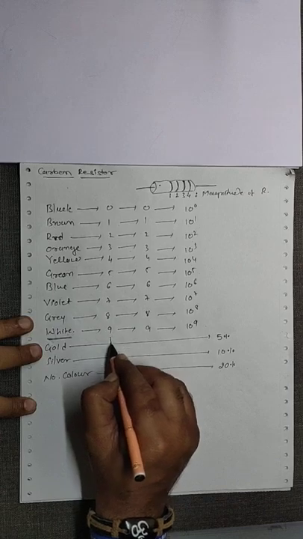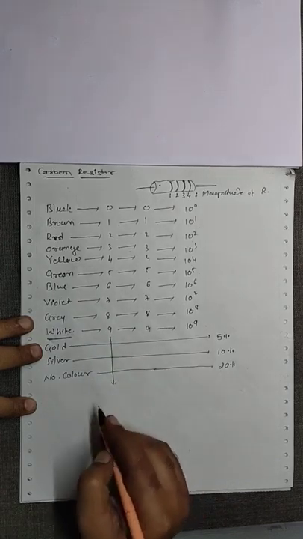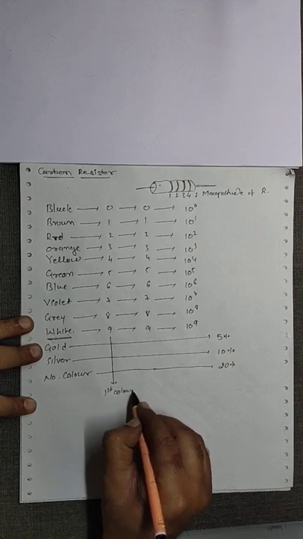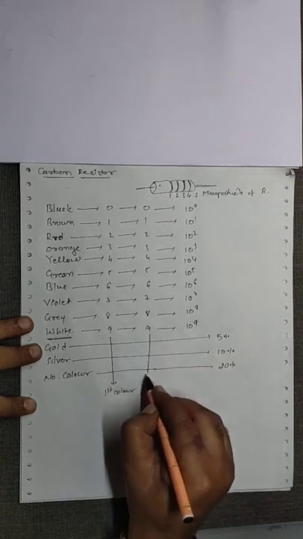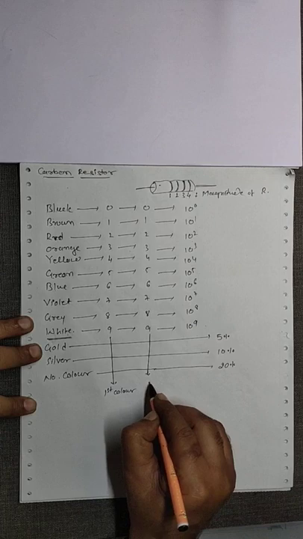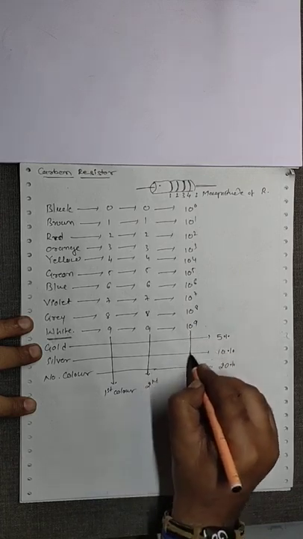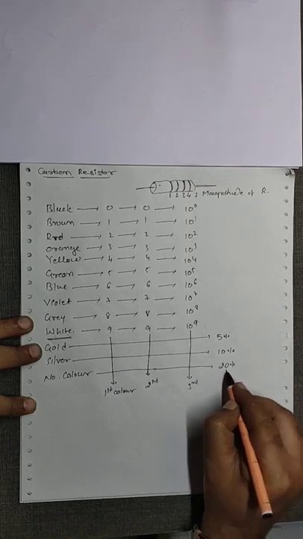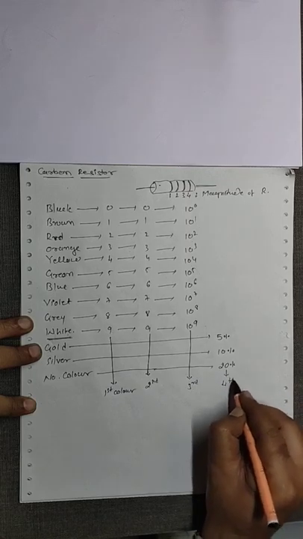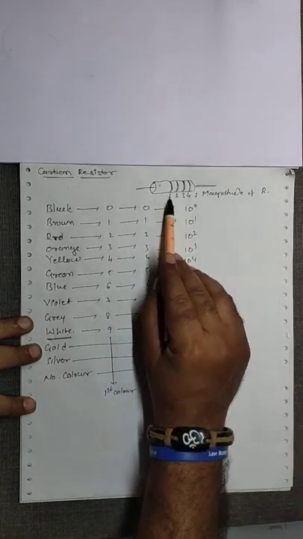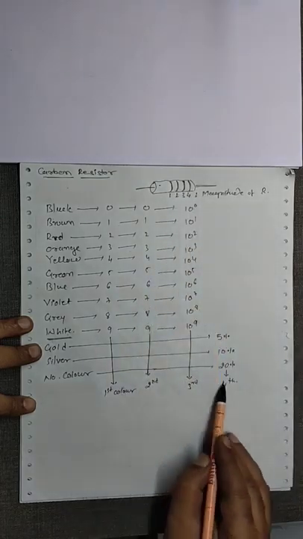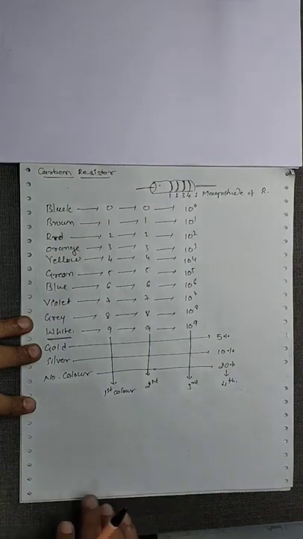Got it? So the first line gives you the first color, this line gives us the second, it is third, and it is fourth. 1, 2, 3, 4. 4 color lines, 4 values.